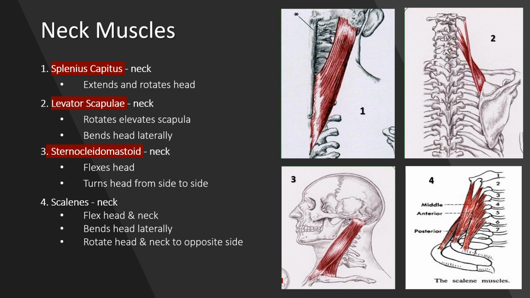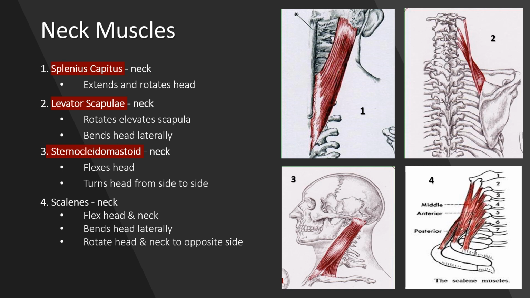So sternocleidomastoid and the scalenes are on the front of the neck. The sternocleidomastoid, now it's probably the longest muscle name, but if you shorten it into 3 sections, sternum or sterno means it attaches to the sternum right in the middle.